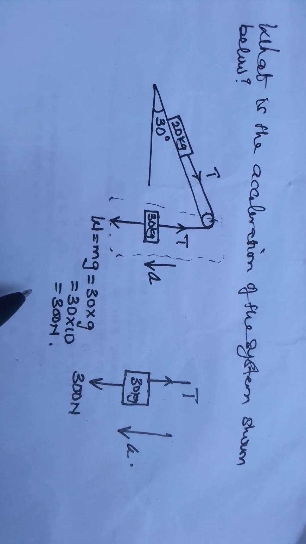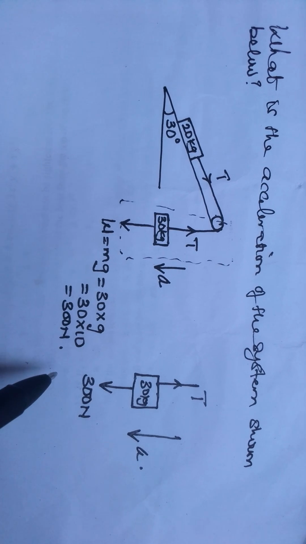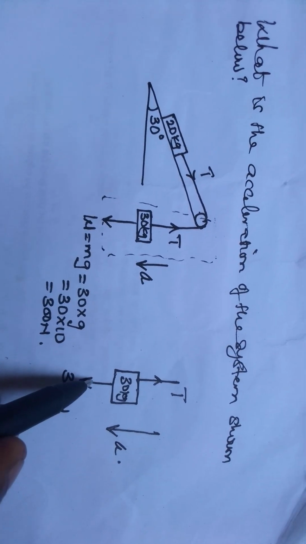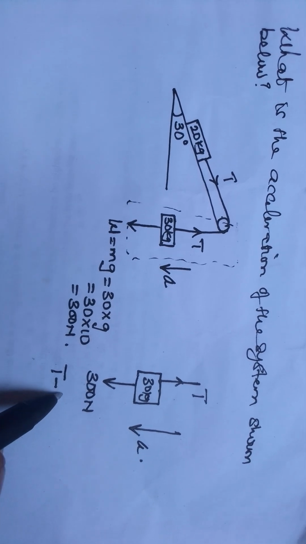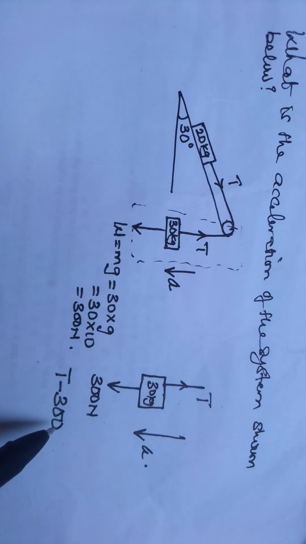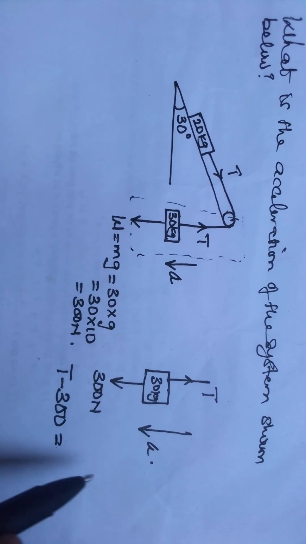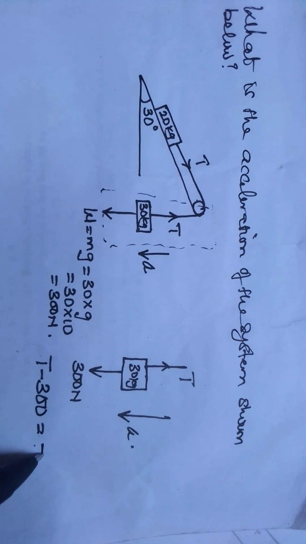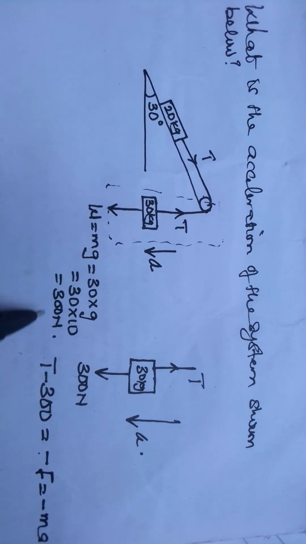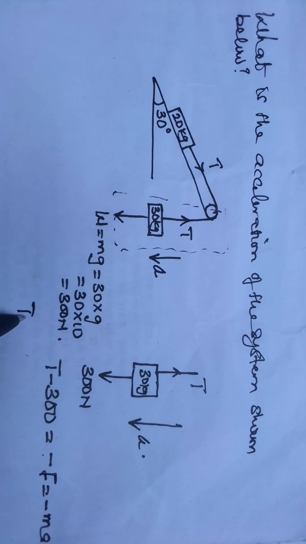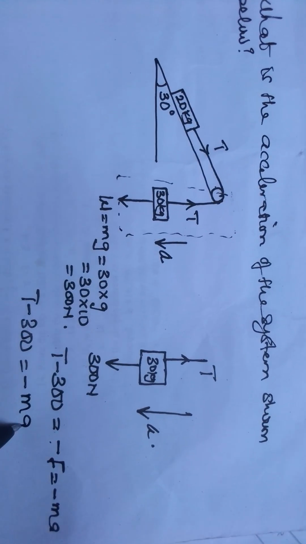To write the balance equation for this expression, since this one is tending downward, we can say T minus 300, to balance the effect of force on the body, equals the net force, which will be negative, minus ma. So we have T minus 300 equals minus ma.